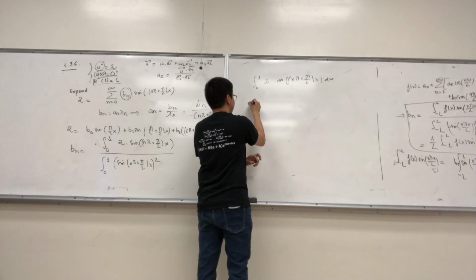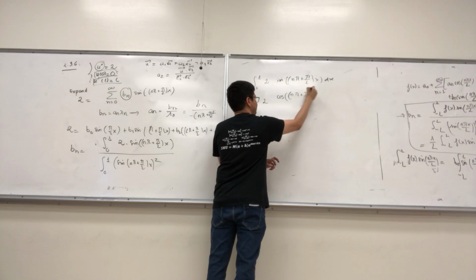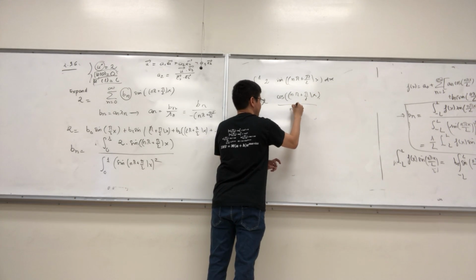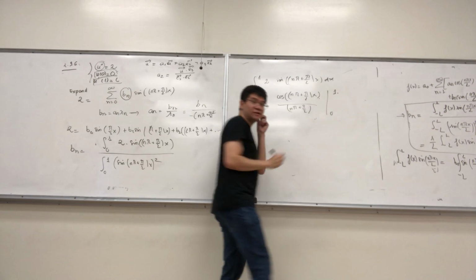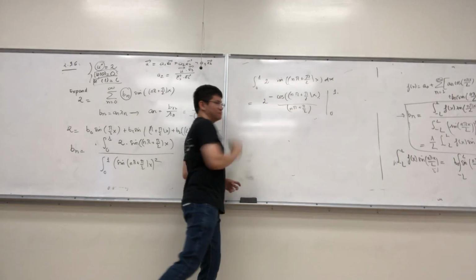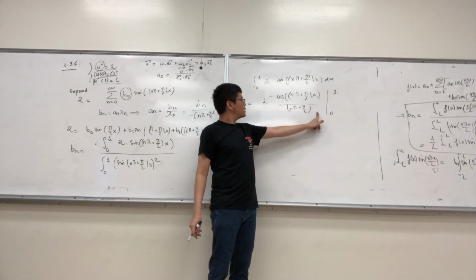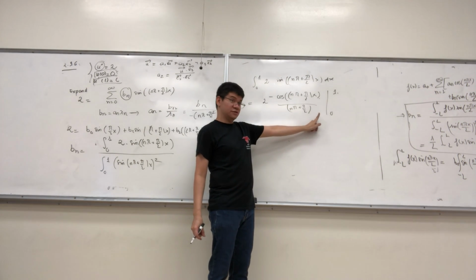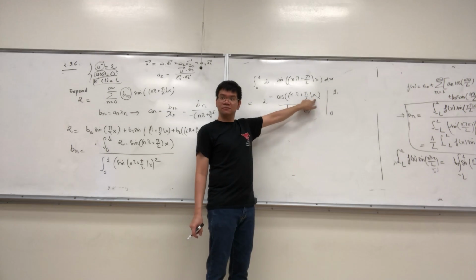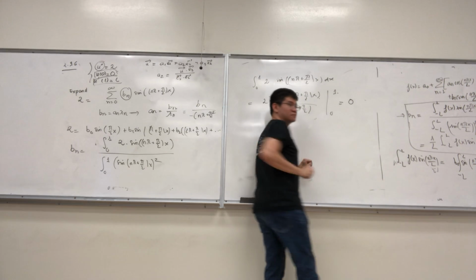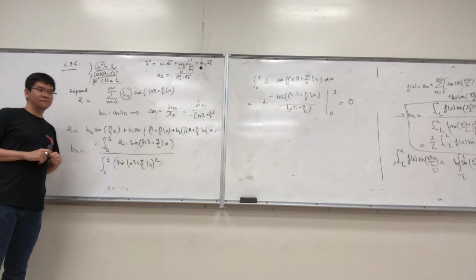So I have 2 times cosinus of n pi plus pi over 2x divided by n pi plus pi over 2, and you evaluate at 0 and 1. It would be negative. And at 0, this is going to be 1. Right? So we're going to continue this on.